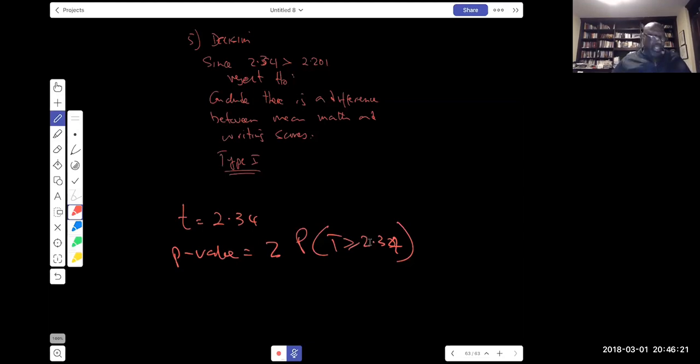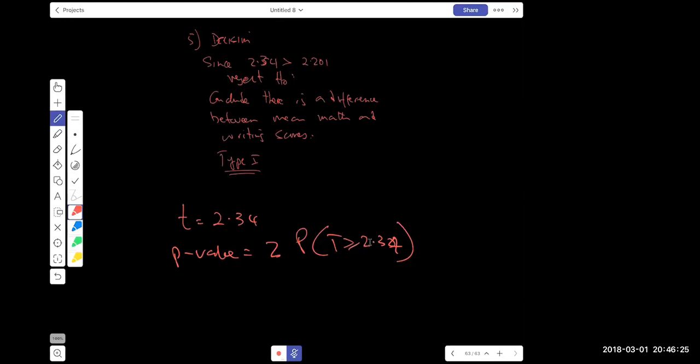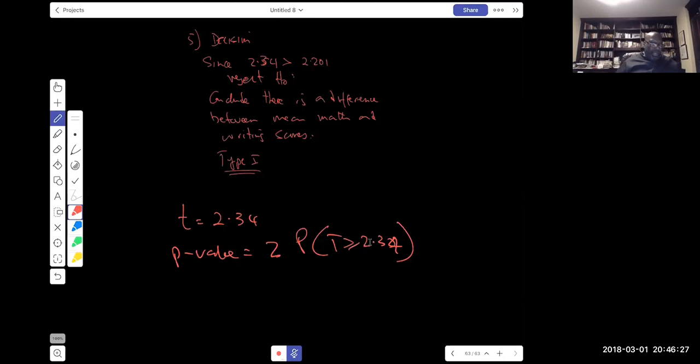So we now have to multiply it by 2, which means that we'll be somewhere between 0.02 and 0.05. We are still smaller than 0.05, so we would reject the null hypothesis.